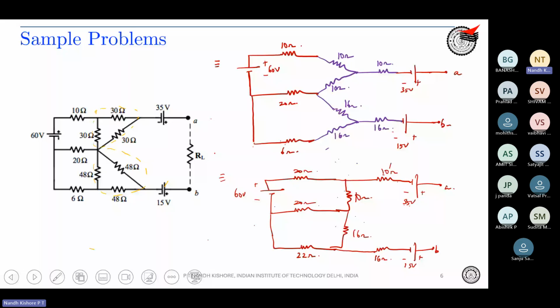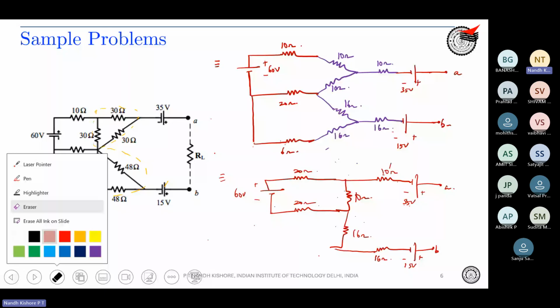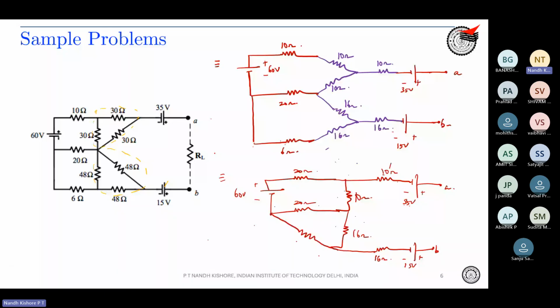So again, we do the same thing: I will redraw this in a different fashion. The 22 ohm, I will redraw like this. You can understand that this was actually a delta connection, so again we simplify the delta to star. We have already done it, so I will directly write the resistance values.